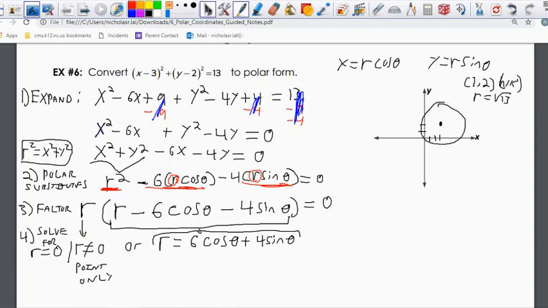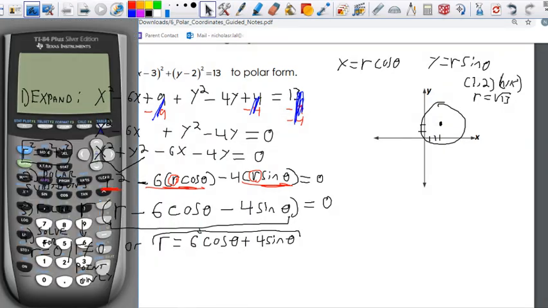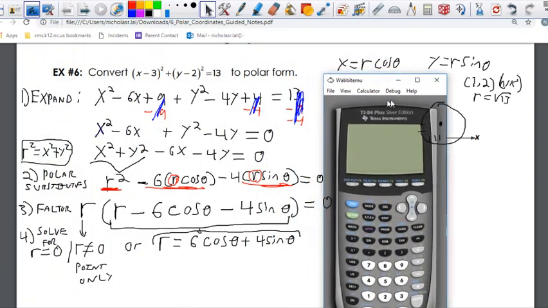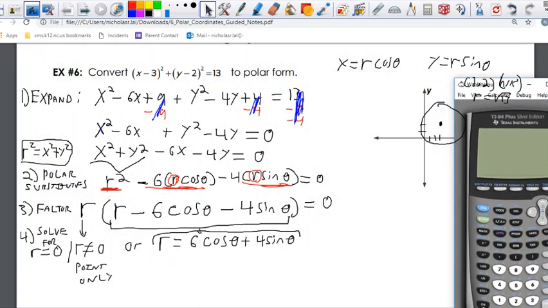And when we check it on the calculator, what we can do is plug things into the calculator and say r is equal to 6 times the cosine of theta plus 4 times the sine of theta.